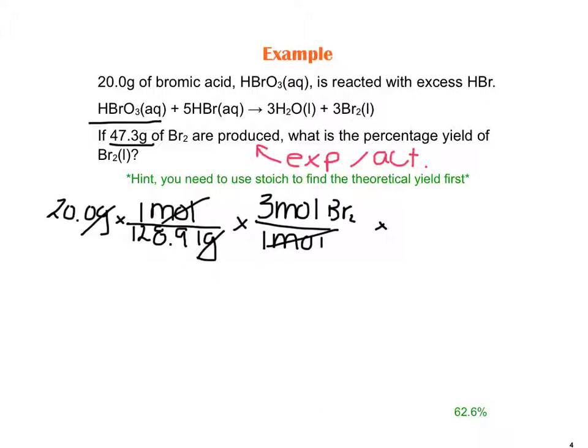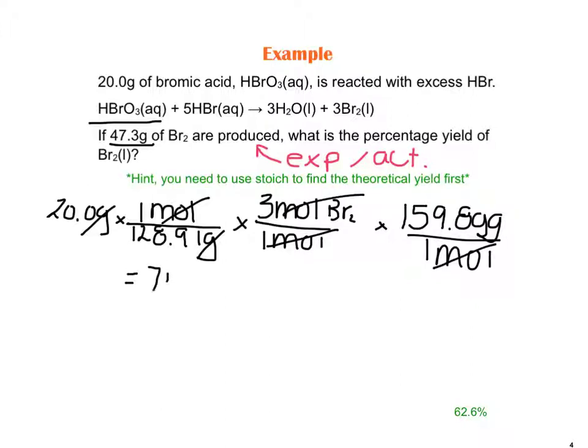And the molar mass of Br2 is 159.80 grams. Remember, we do not need to multiply by that 3. That does not affect molar mass, only our mole ratio. When we finish that calculation, we get that 74.4 grams of Br2 should be produced theoretically.